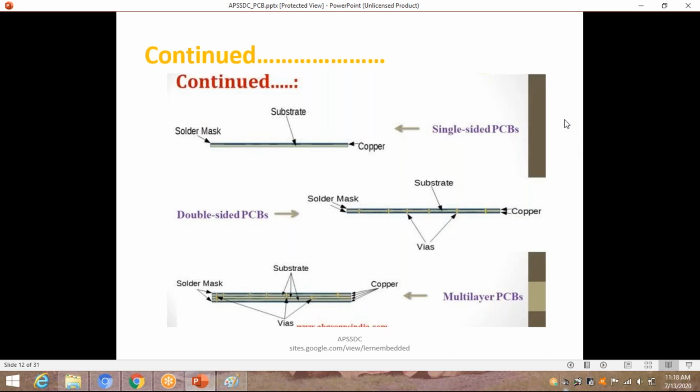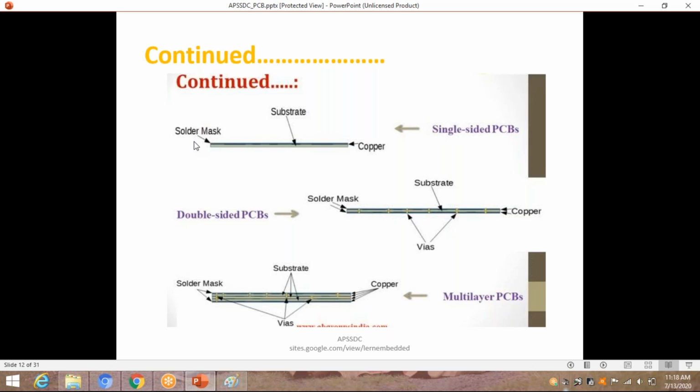Guys, you can observe here, single-sided PCBs. This is a PCB board. The base is the substrate, and the substrate is the FR4 material. And we have a copper layer, and at the top we have solder masking. Is it clear, guys?